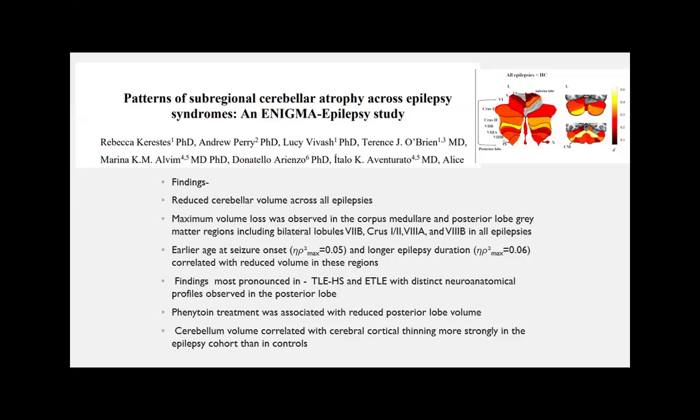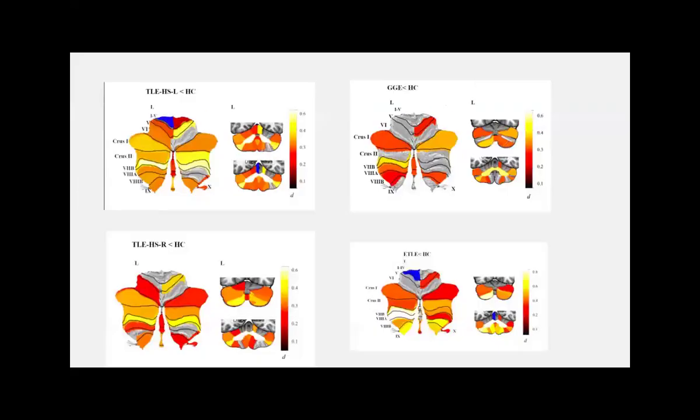Earlier age of onset and longer epilepsy duration were also correlated with reduced volume in these regions. Phenytoin treatment was associated with reduced posterior volume. Cerebellar volume also correlated with cerebral cortical thinning in the epilepsy cohort rather than in controls.